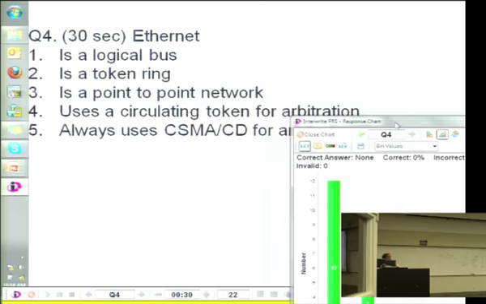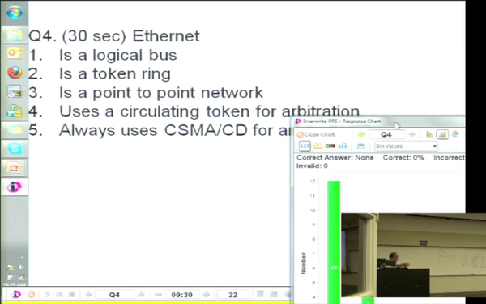Point to point means that you directly communicate with somebody else, so you have a dedicated link. That's a point to point network. Logically Ethernet is a bus, and if you had a point to point network, you'd never have collisions, because you'd never have to wait for anybody.